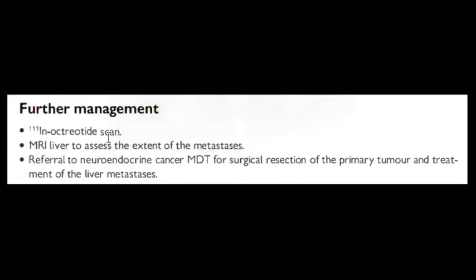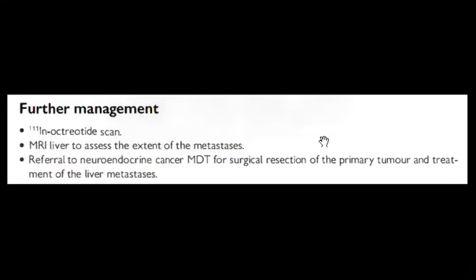Yes. So it will be gallium DOTATATE, or whatever, gallium scan, which is more important now as a good tracer for searching for or localizing the neuroendocrine tumor.